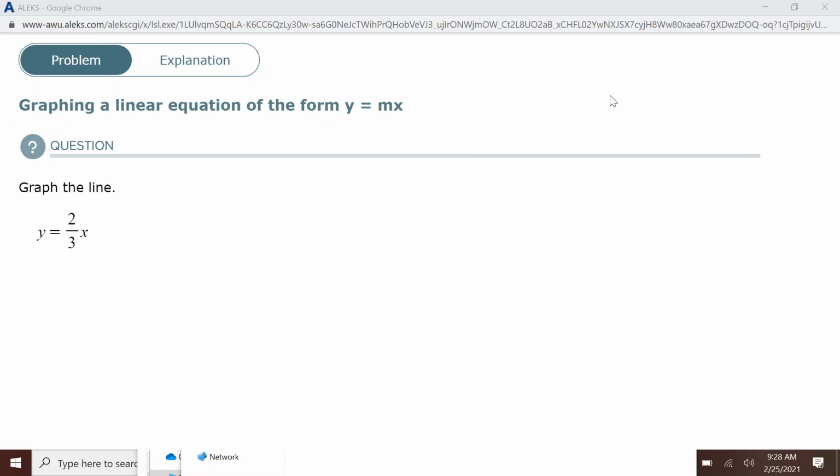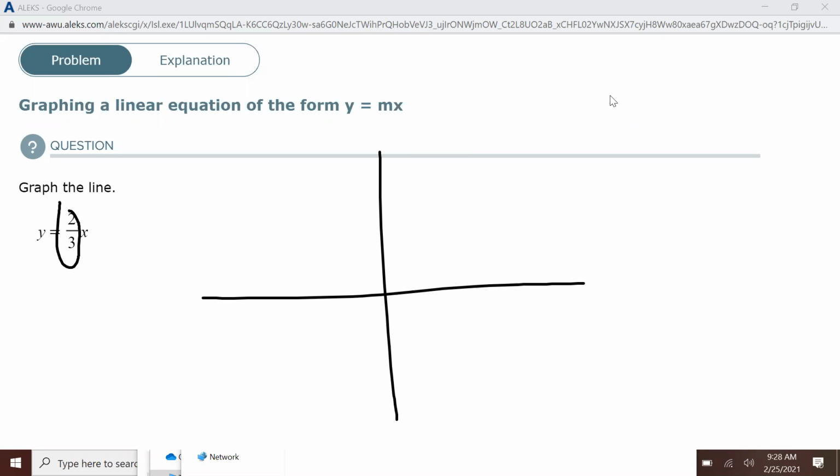So when that's the case, the number that is being multiplied by x, we call that the slope. Okay, and we'll get to that more on the next topic in just a few moments. But for this one, let's just find some points that are on the line, just like we did on the last topic.